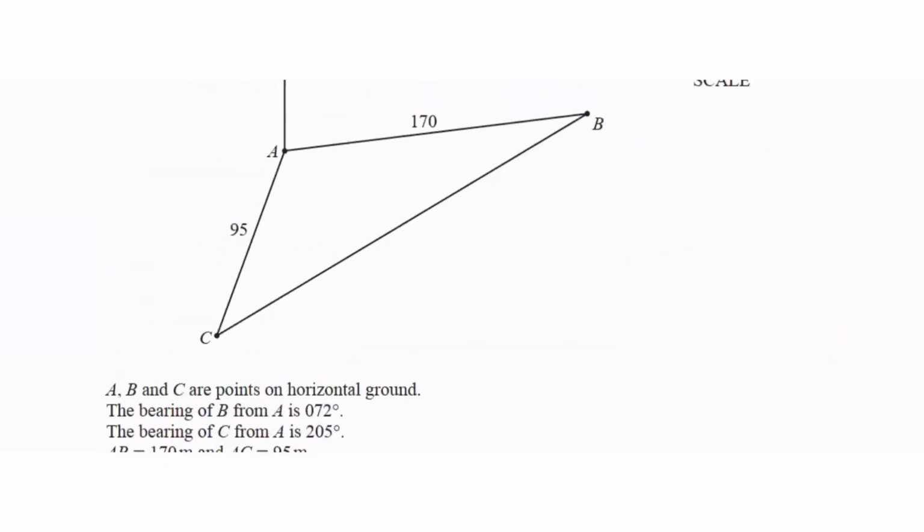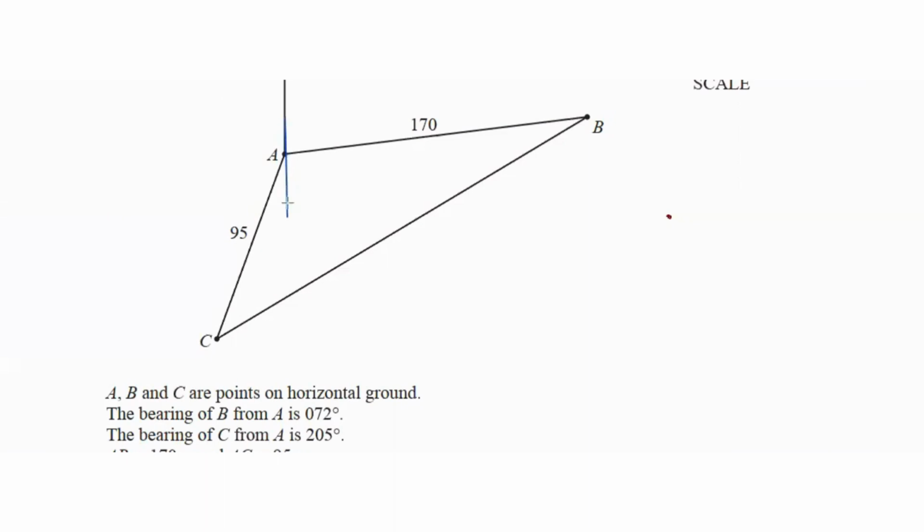In order to find the bearing of A from C, let's first draw the compasses at A and at C. So we know that this entire angle is 205.